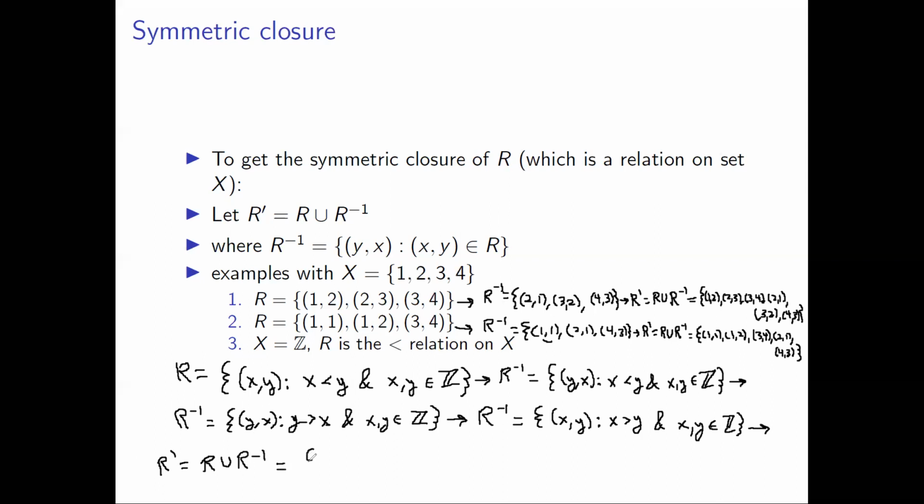And I can write that as the set of ordered pairs X, Y which either satisfy the requirement to be in R, which is that X is less than Y and X and Y are integers, or the other possible way to be in the union of R and R inverse is if you satisfy the requirement to be in R inverse, which is X greater than Y and X and Y are integers.